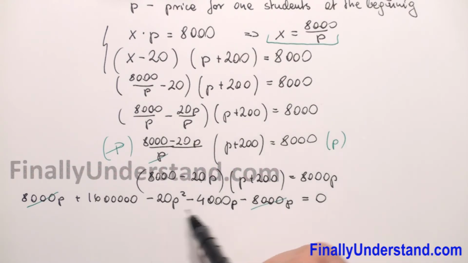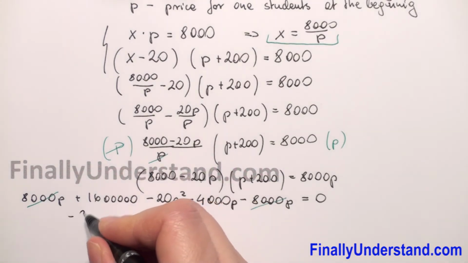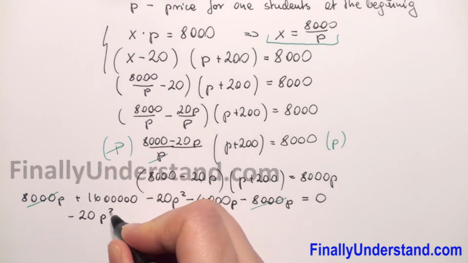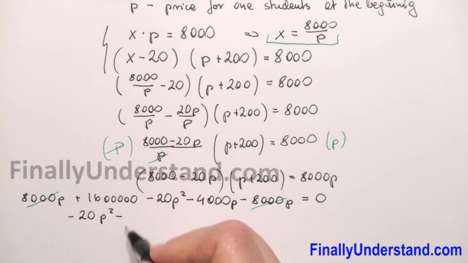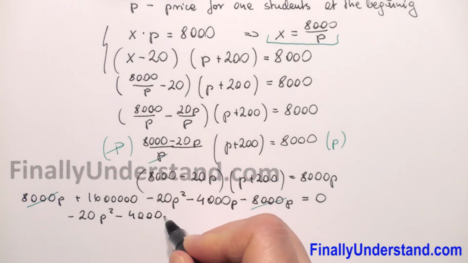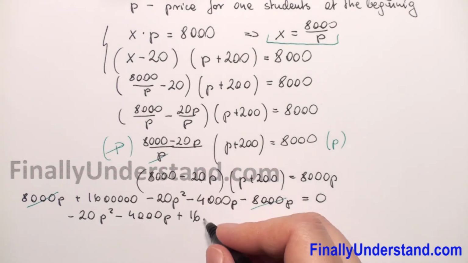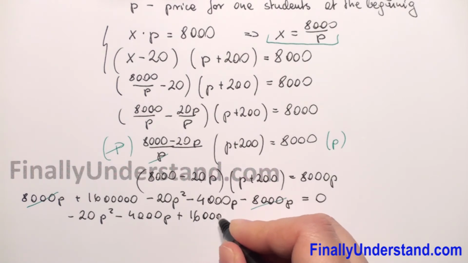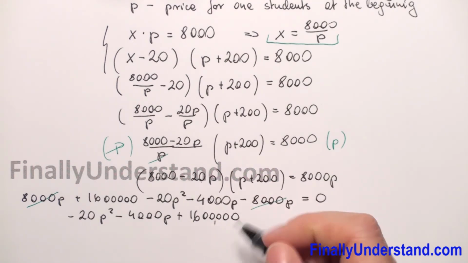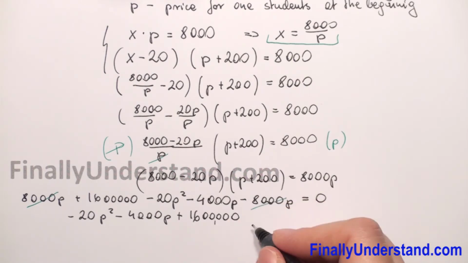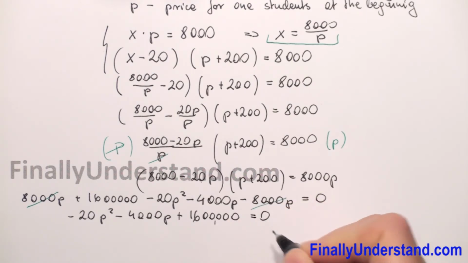Now we will start from the expression with P squared, so we have negative 20P squared, next negative 4,000P, and plus 16 and 5 zeros. So this is our number, and this is equal to 0.